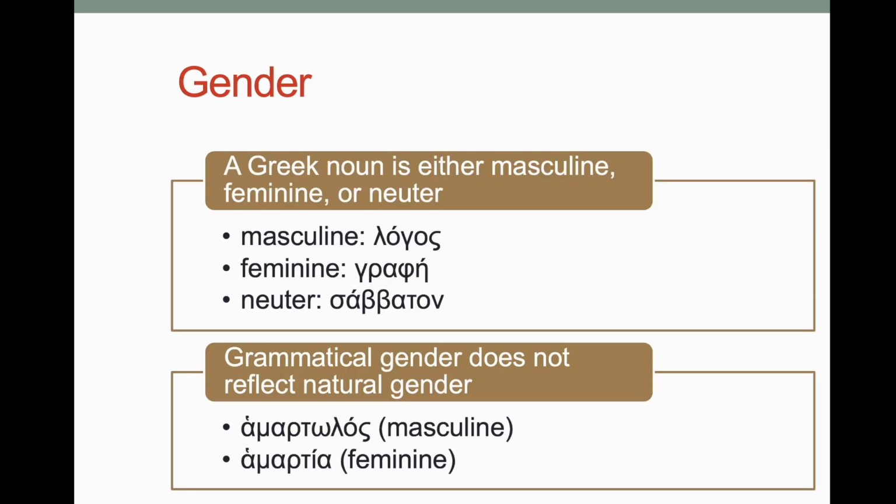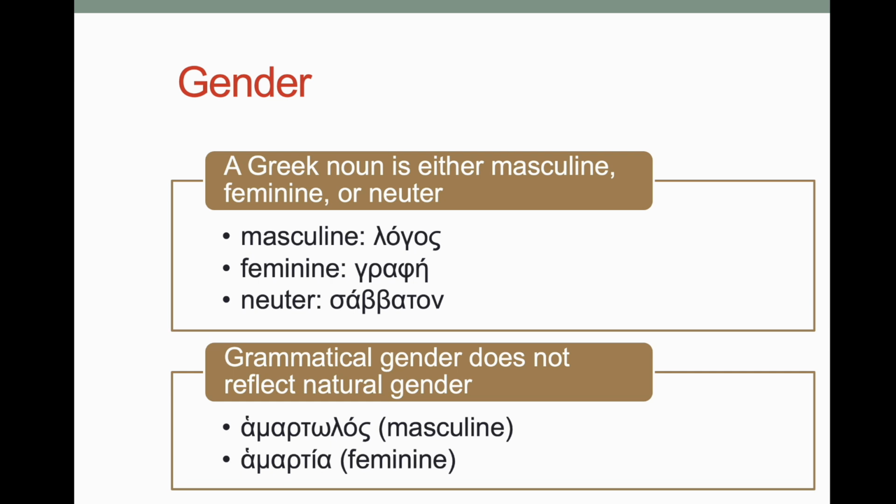For instance, an example of a masculine noun is logos. An example of a feminine noun is graphe. Example of a neuter noun is sabbaton, Sabbath. Grammatical gender, as I previously noted, does not reflect natural gender.